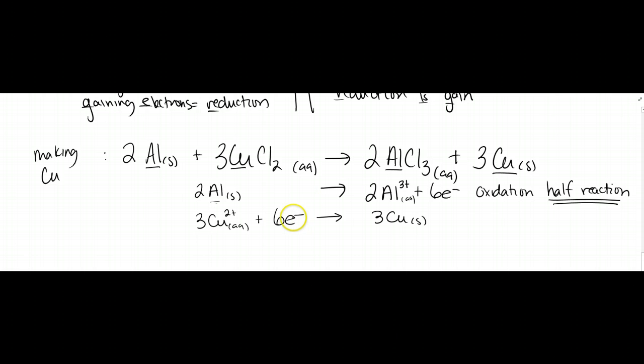Notice that when we put it back together, there were 6 electrons on this side and 6 on this side, and we end up with our overall redox reaction of 2 aluminum plus 3 copper 2+ gives us 2 aluminum 3+ ion plus 3 copper. Notice that the copper gained electrons, that makes it reduction. So this is the reduction half reaction.